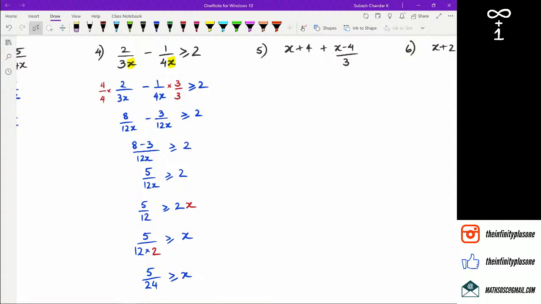So if you guys would like another question like number 4, just let me know in the comment section and I can put another question like number 4. Otherwise, we can move on to question number 5.